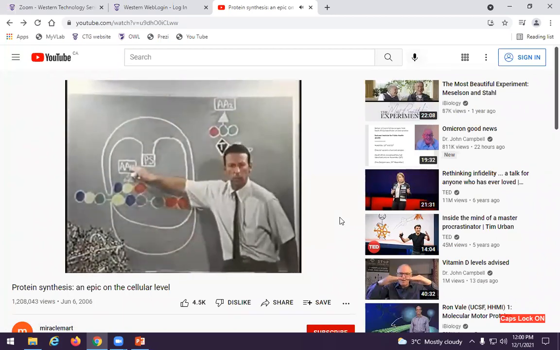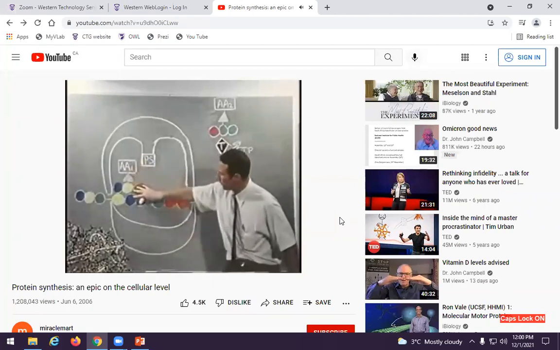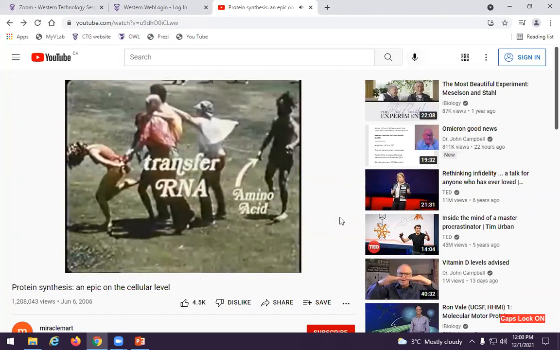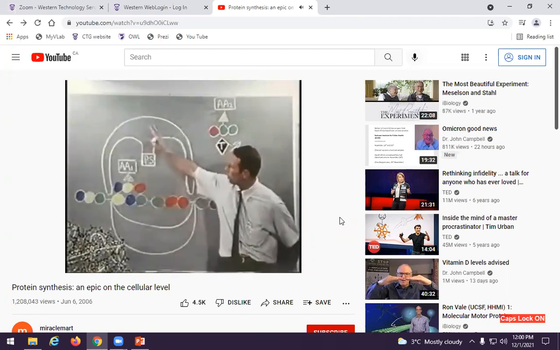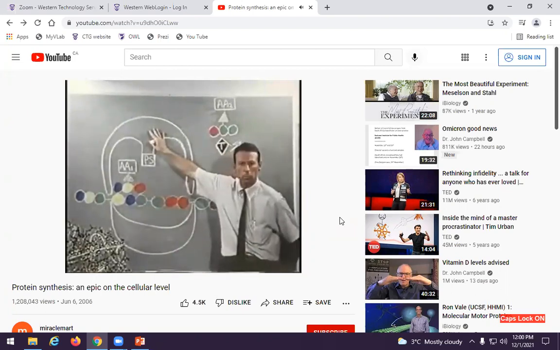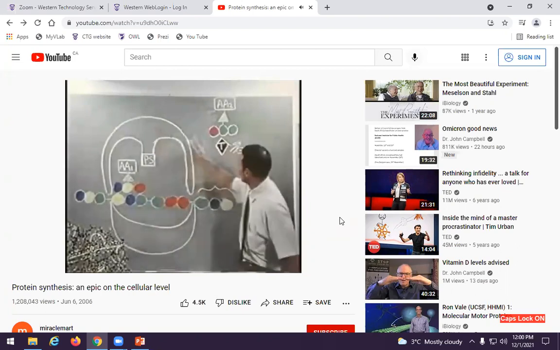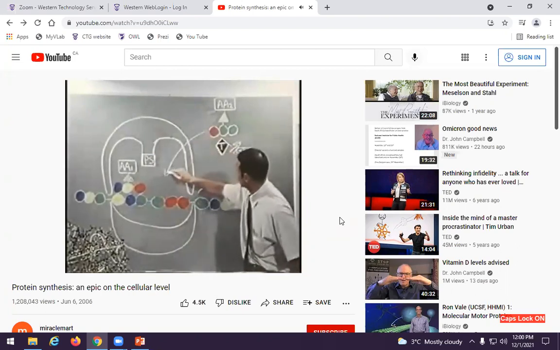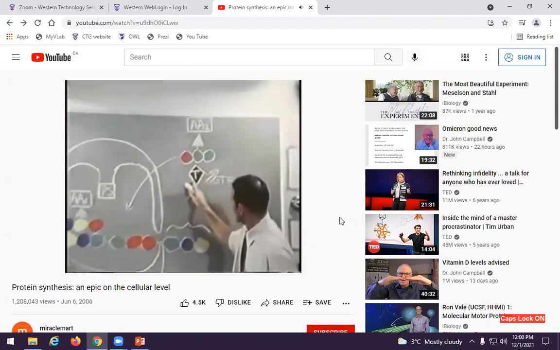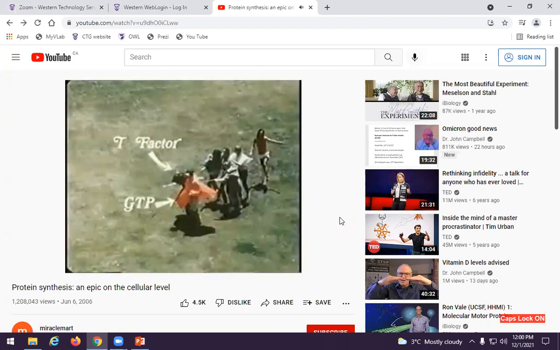its cognate amino acid is brought to the ribosome message complex by a second dancing initiation factor. This requires energy, and that's represented by a puff of smoke. Next, the large ribosomal subunit tumbles into place, and then the process of bringing each amino acid to the ribosome message complex is accomplished by the T factor and its GTP cohort.